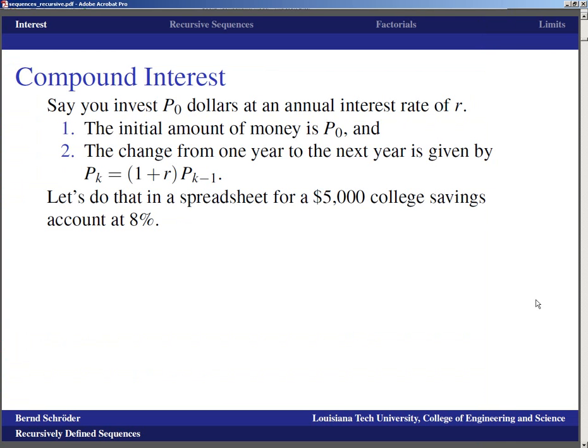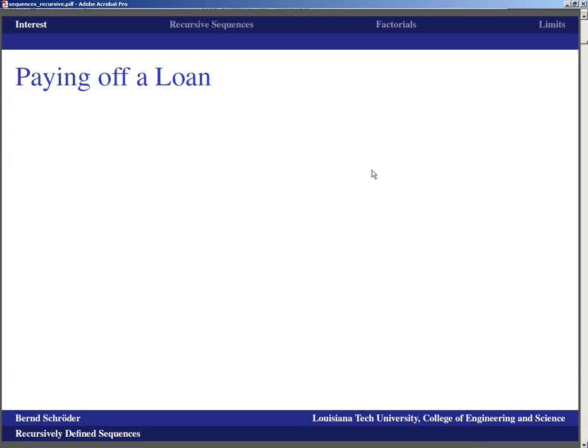Now the flip side of investments is, what does a bank do that has money from a customer and pays interest on that money? That bank loans money to other people who need that loan for a car or for a house.